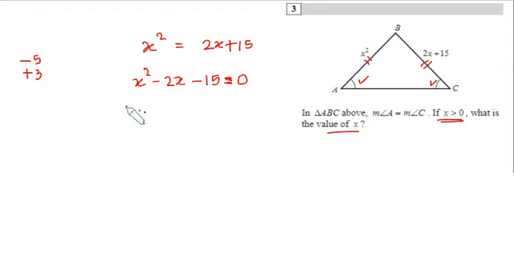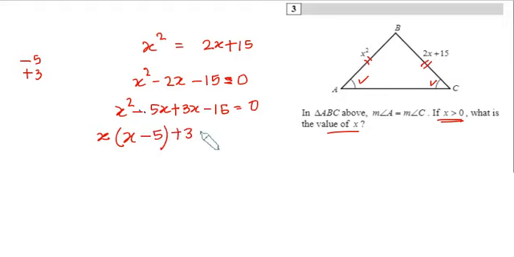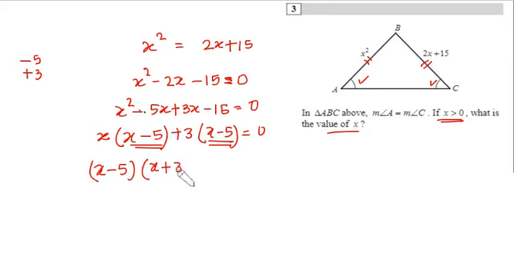So x square minus 5x. The -2x can be written as x square minus 5x plus 3x minus 15 equals 0. Now from the first two terms we can take x common, so x minus 5, and from the last two we can take 3 common, so x minus 5 equals 0. Now x minus 5 appears in both terms, so take x minus 5 common and we have x plus 3 equals 0.